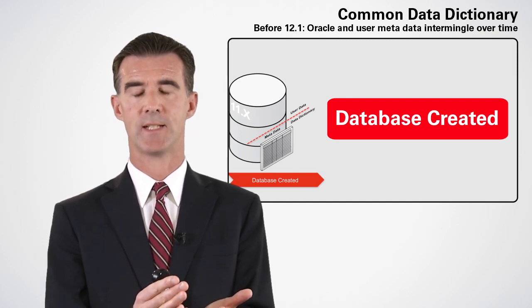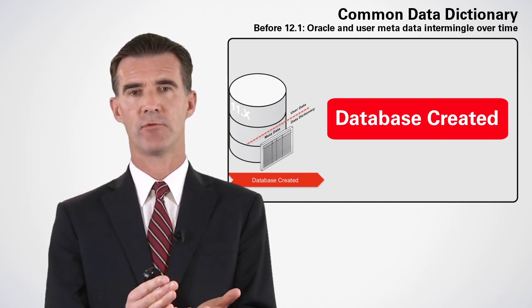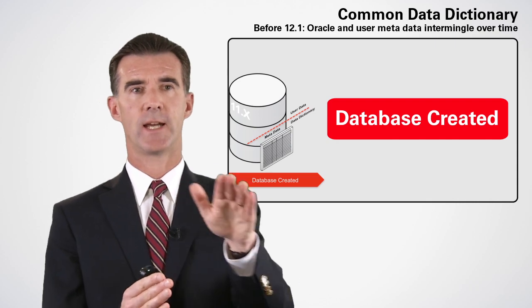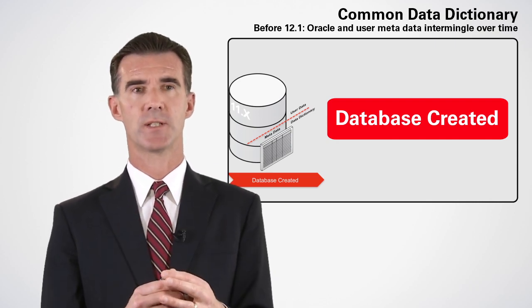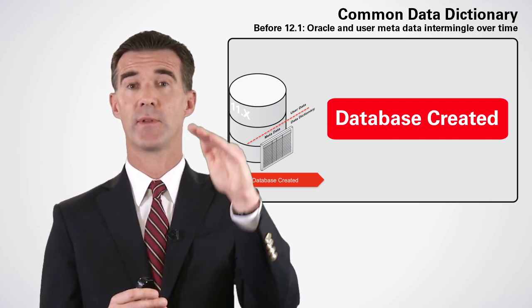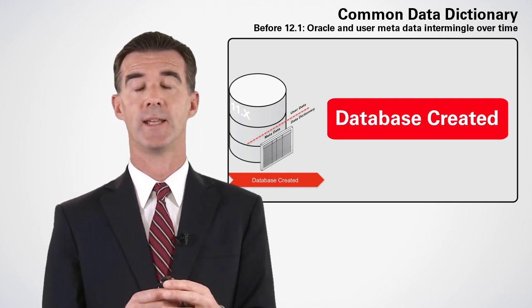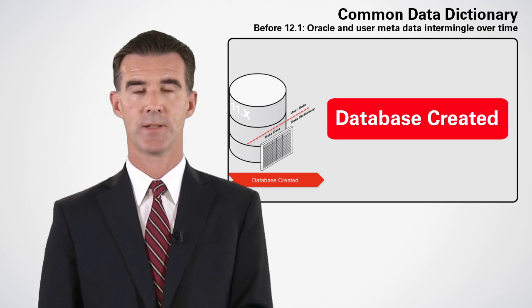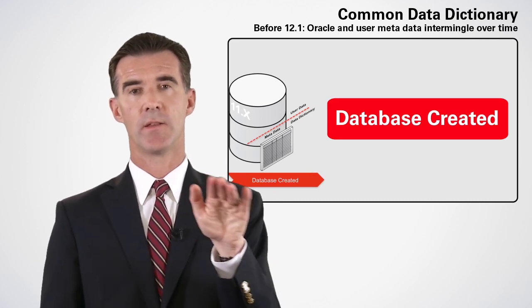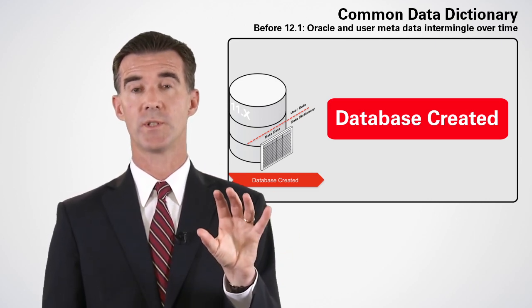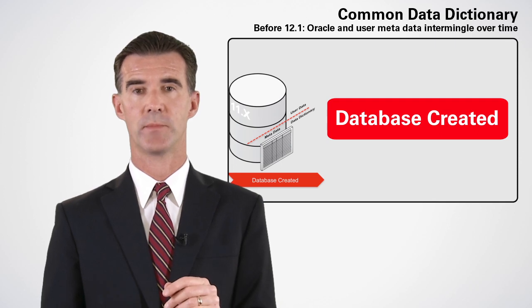That is called the metadata dictionary. I'm trying to represent this on this slide with the little red dotted line. Above the line, that's where the user data goes. There's none of that yet. Below the line is the metadata dictionary. So the empty database has the metadata dictionary with rows defining the structure of the Oracle database.